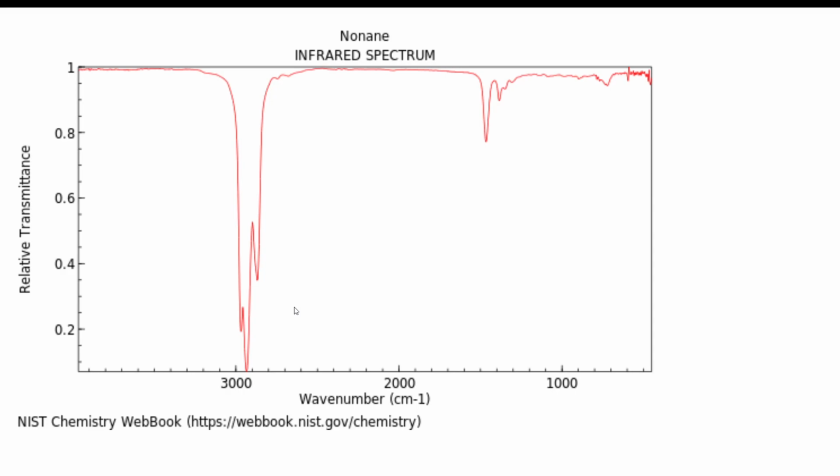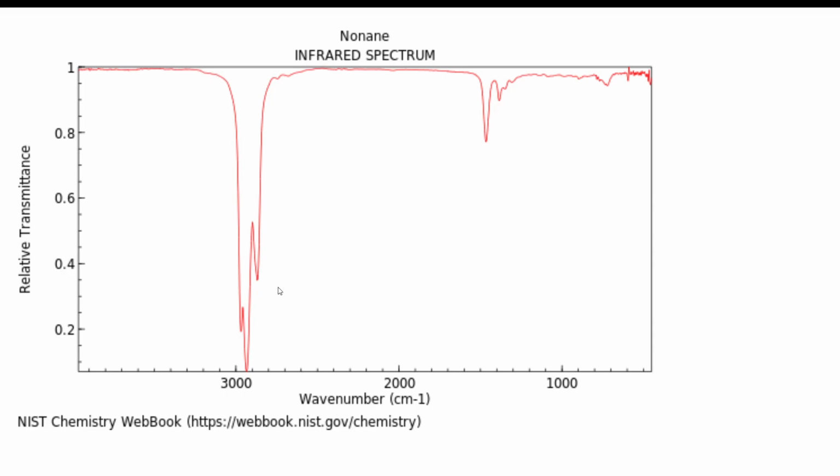Now, being that this is an organic chemistry section, this is something that we're going to see fairly often: a large stretch at 3,000 for a whole bunch of different compounds. So this is our first one here.